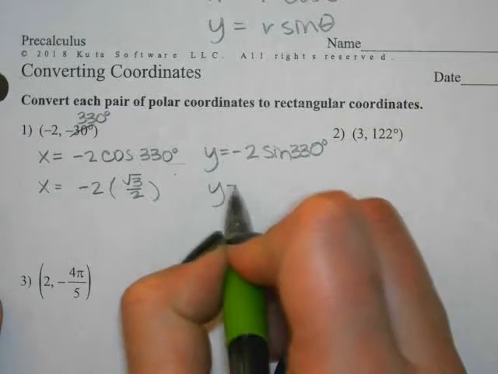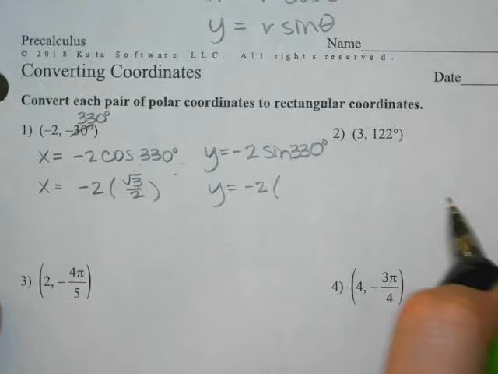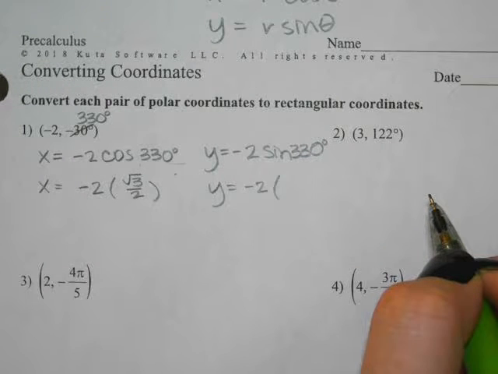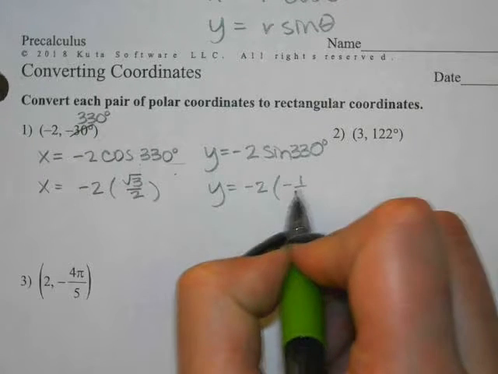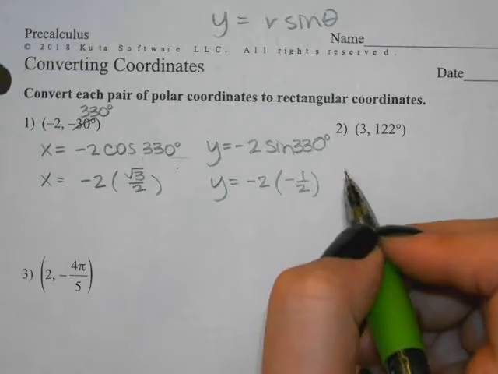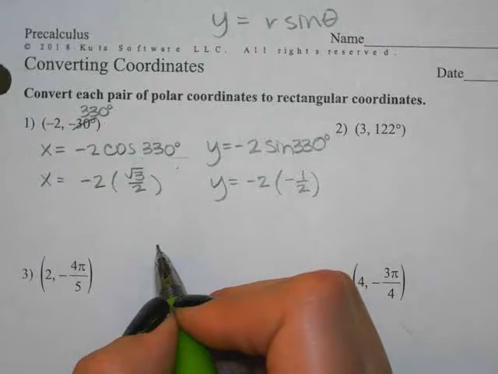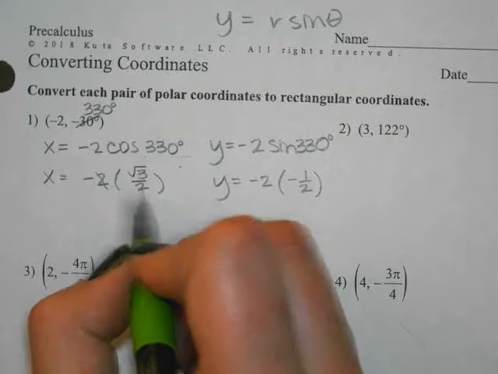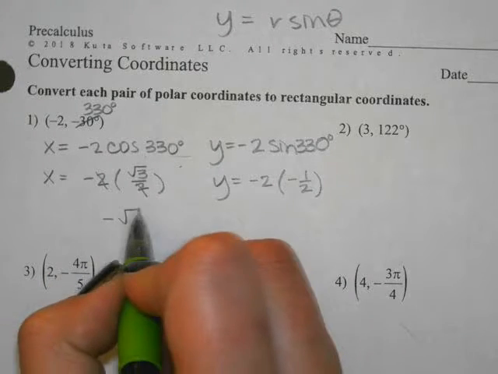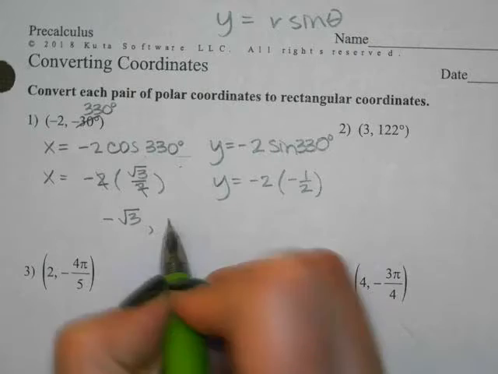And then y equals -2 times, what is sine of 330? -1/2. So when we simplify this, our coordinates are -√3 and +1.